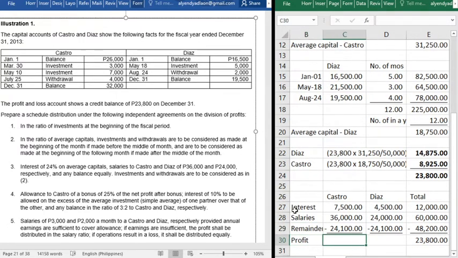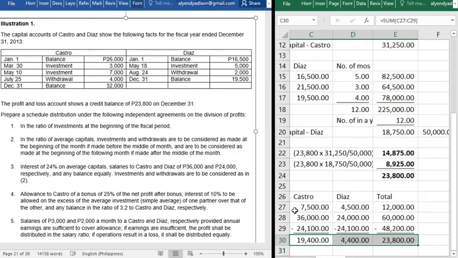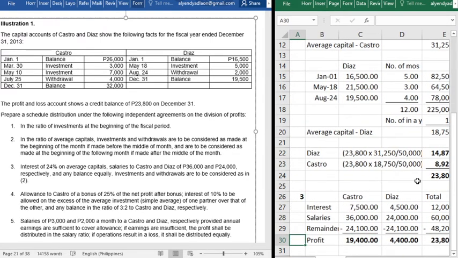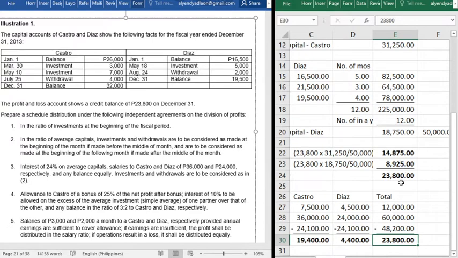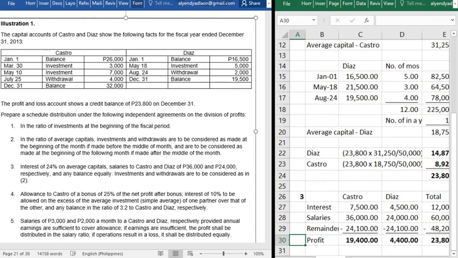Now for the profit share of Castro, let's get the sum. That is 19,400, and for the profit share of Diaz, that is 4,400. As you can see, it is different from number 2 because of course we had another method of allocation.